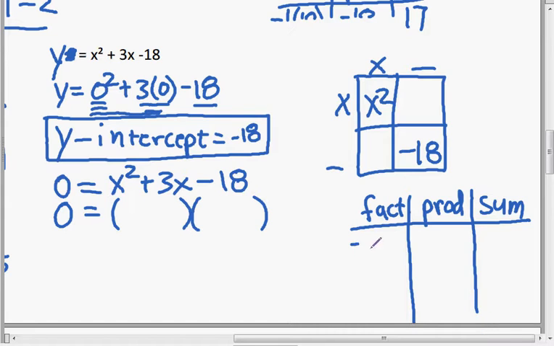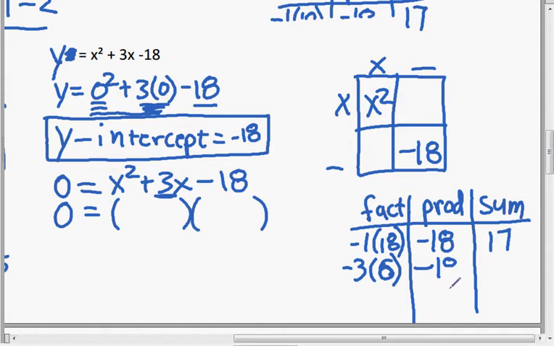So I try -1, 18, -18 when I multiply, but when I add, I get 17. So that won't work. I need to add and get 3. I try something else. -3 times 6. That does give me -18.